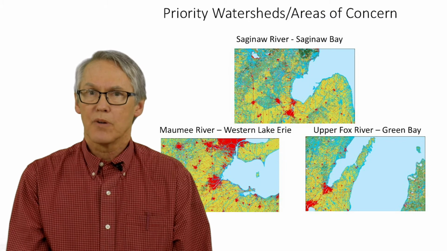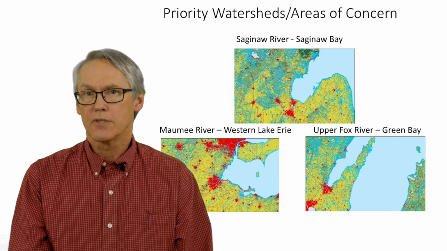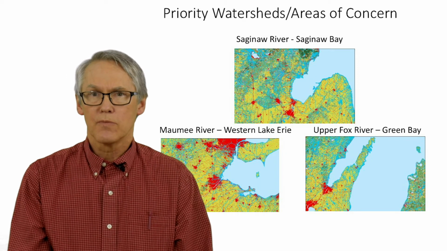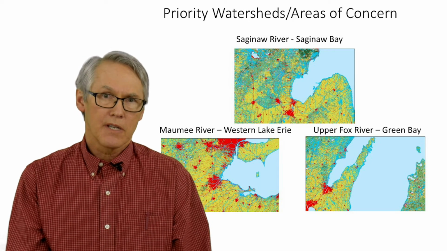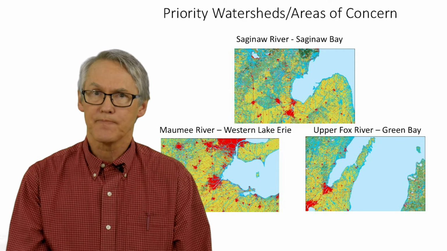So for tipping points, we're going to focus on three watersheds and nearshore food webs: Saginaw River watershed and Saginaw Bay, Maumee River and western Lake Erie, and the Fox River and Green Bay.